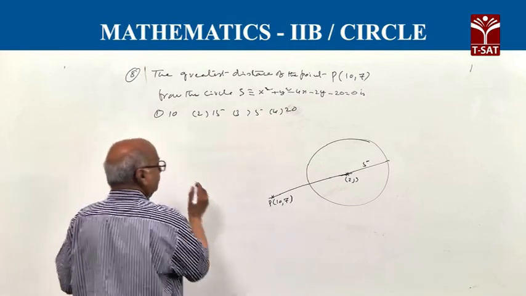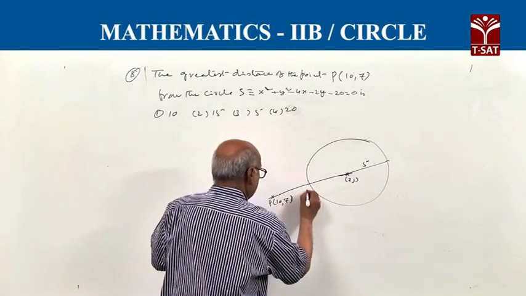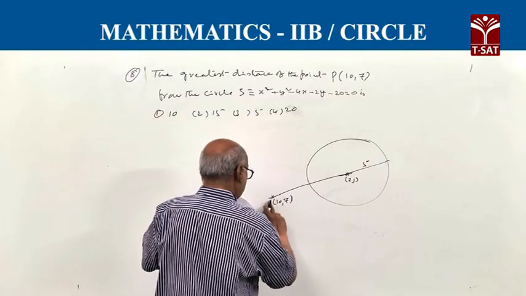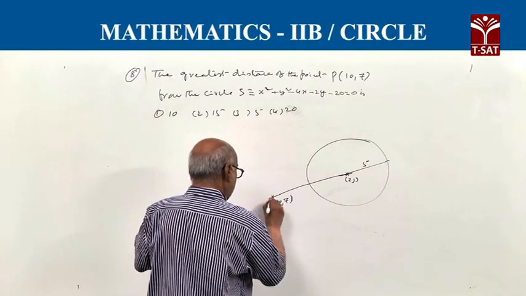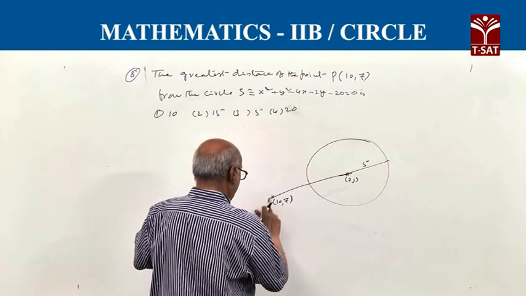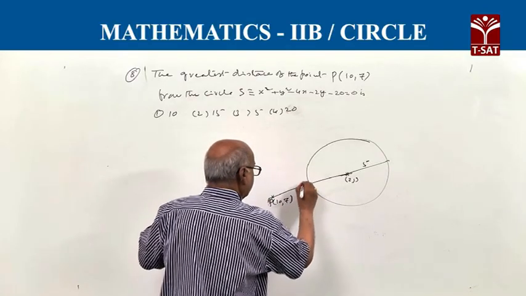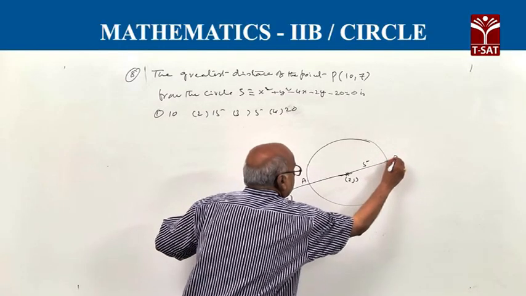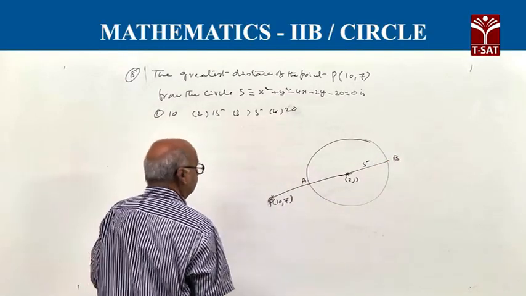You can see that, and of course this is P(10, 7), and suppose this is A and that is B.